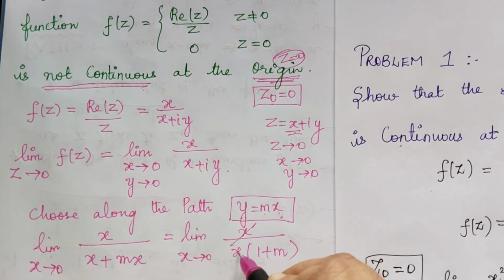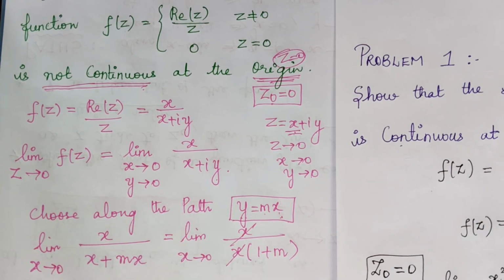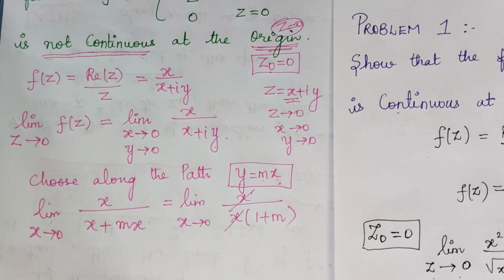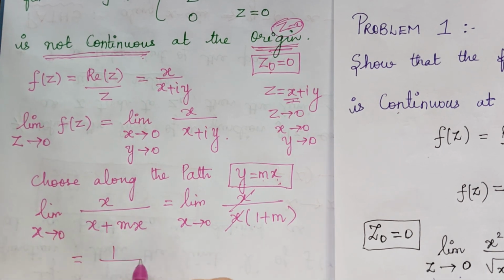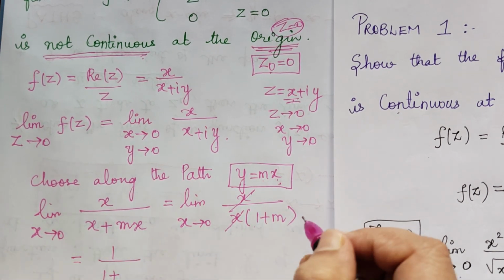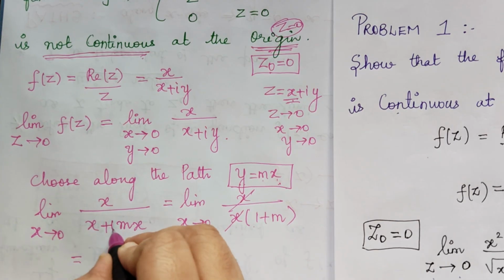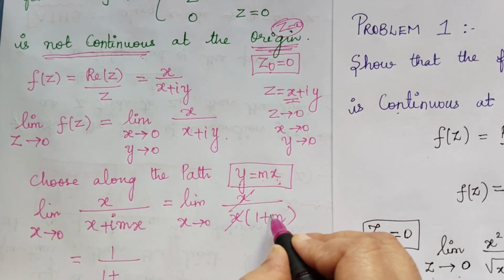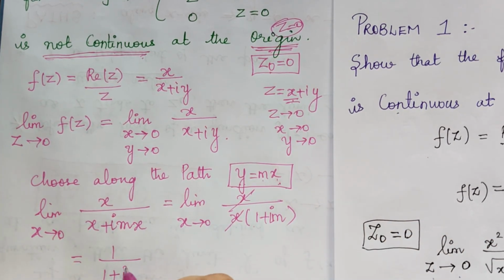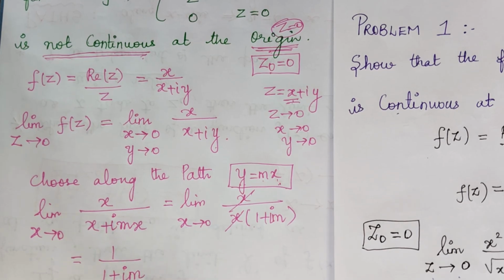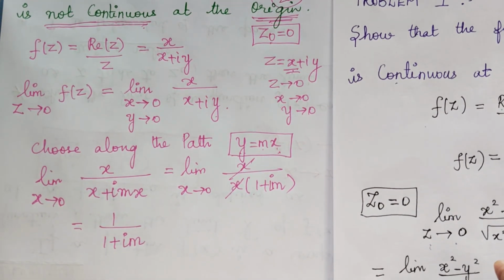Now x and x get cancelled, and so when we apply the limit, this will be equal to 1 by 1 plus im. I had left out that i over here, so please write that. So it is 1 by 1 plus im.